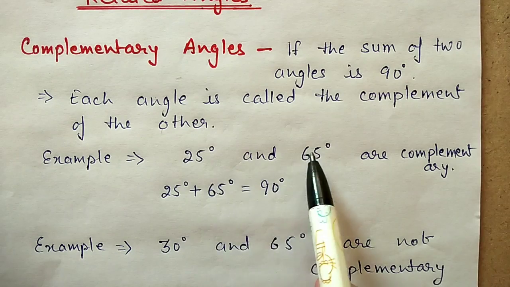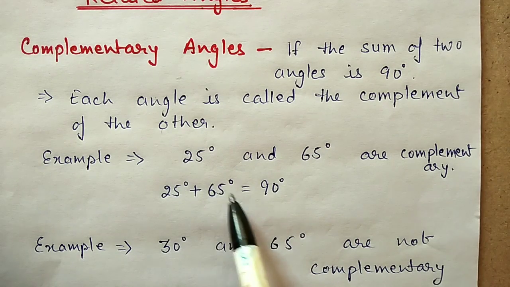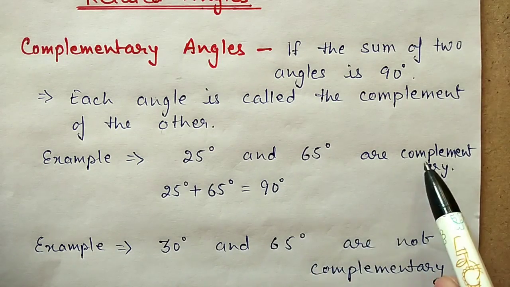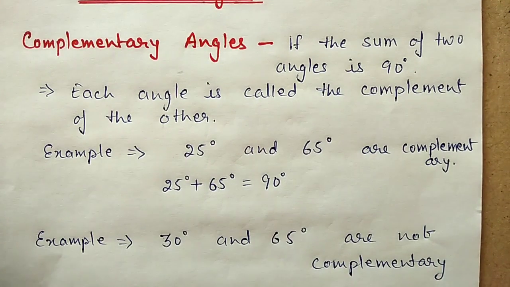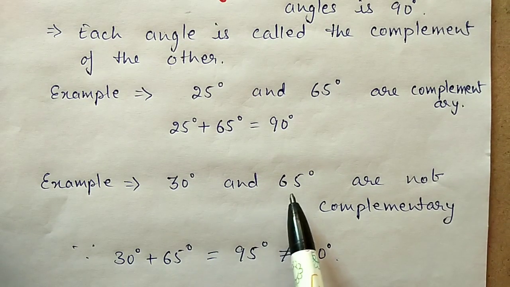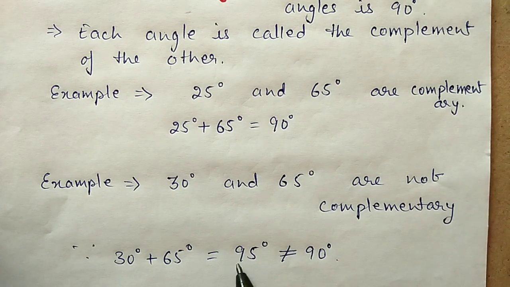If I add 25 plus 65, the answer is 90 degree. It means these two angles are complementary. Second example 30 degree and 65 degree. If I add 30 and 65, the answer is 95, which is not equal to 90 degree. It means these two angles are not complementary angles.